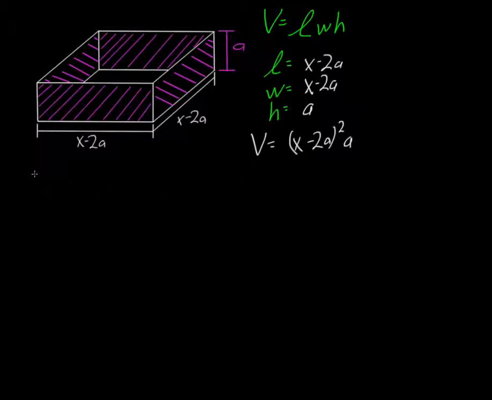Alright, so in order to take the derivative of this, we're actually going to go ahead and expand it all the way out algebraically. So let's expand what's inside the parentheses first. So x minus 2a squared is going to give us x squared minus 4xa plus 4a squared. And then that'll be multiplied times a. We distribute the a through and rearrange it so the a is our variable of interest.